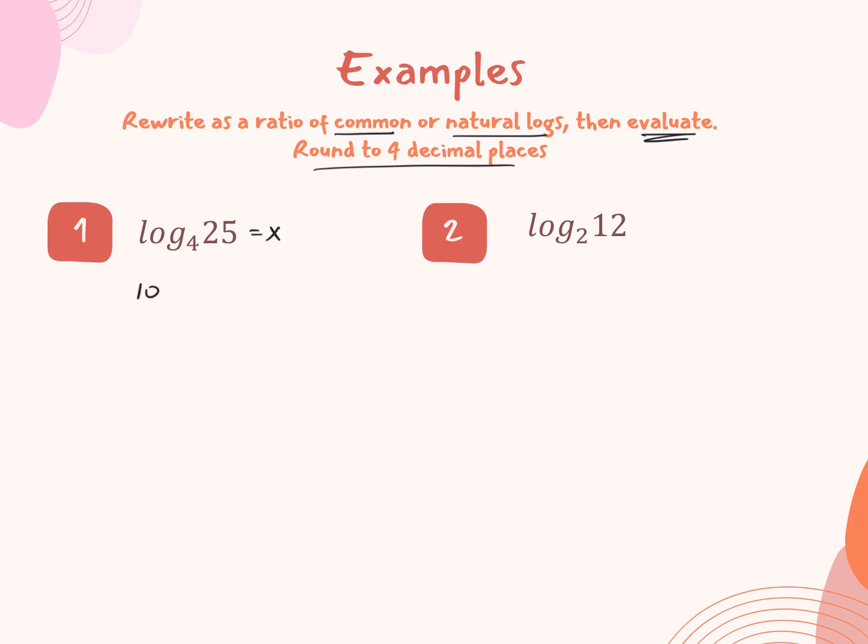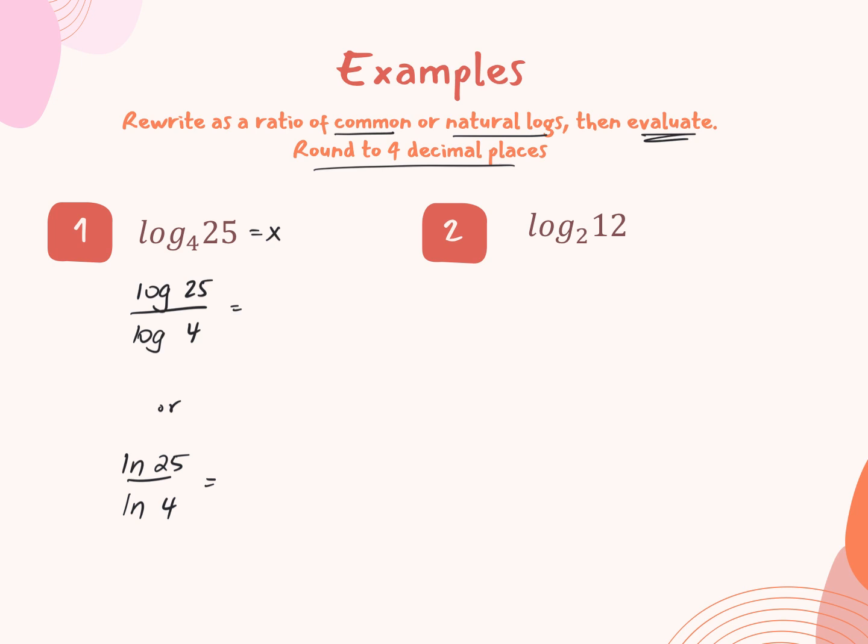Well, I can either do log base 10, I don't have to write the 10, of 25 over log base 10 of 4, or I can write it as ln 25 over ln of 4. Either way, I'm going to go to my calculator.